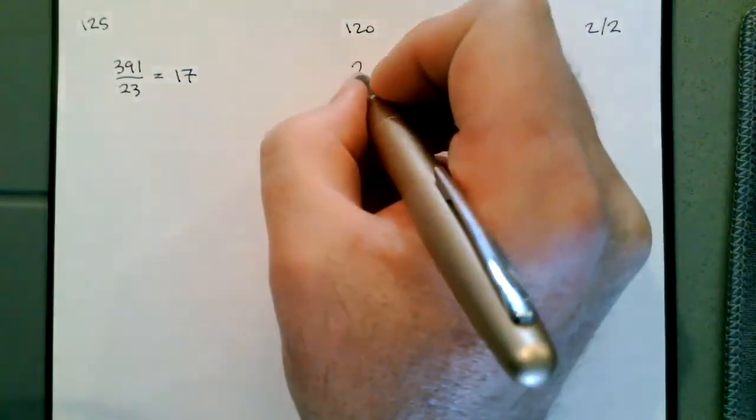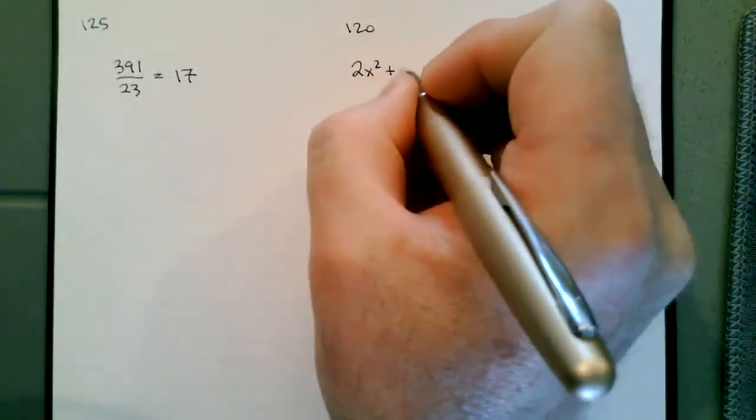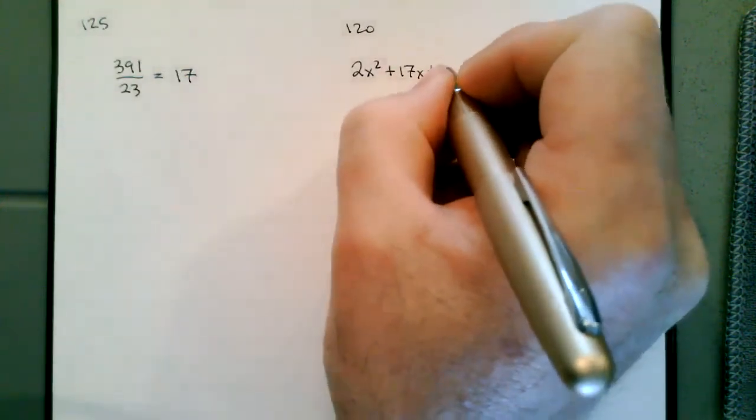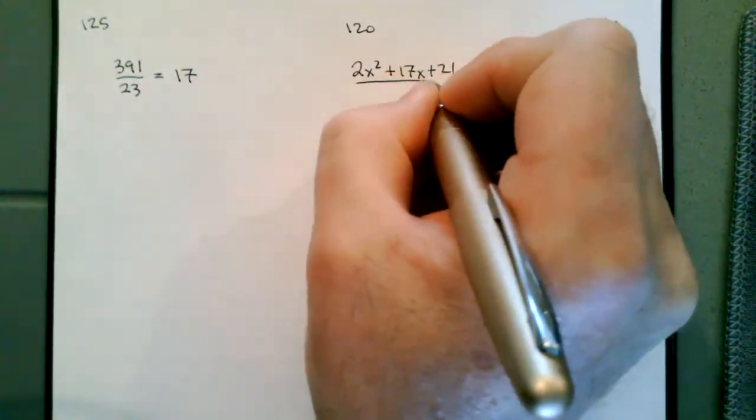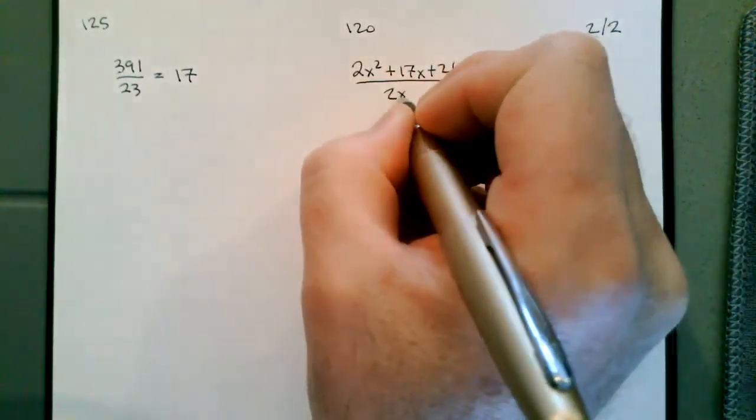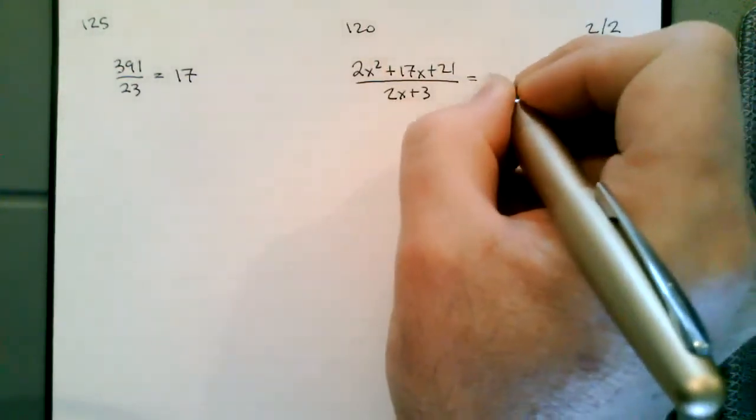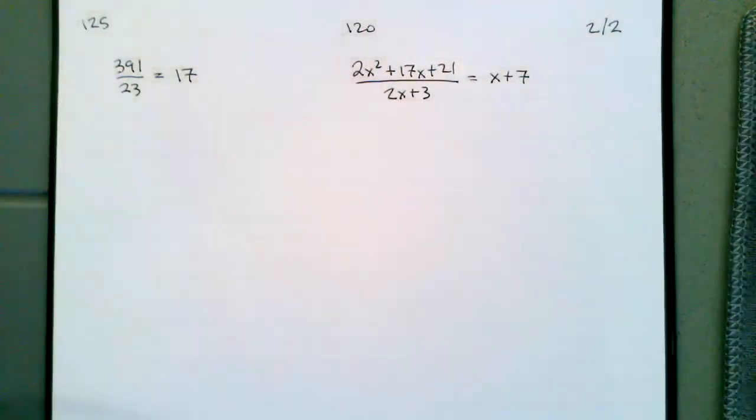Similarly, we know that 2x squared plus 17x plus 21 over 2x plus 3 is x plus 7. So we know that when we do the division, 391 divided by 23, we get 17, no remainder, no fraction parts.